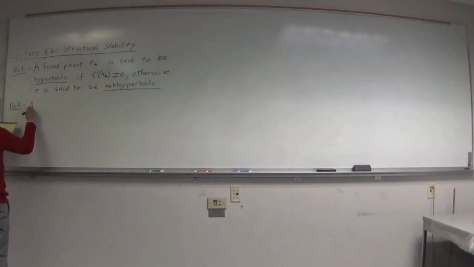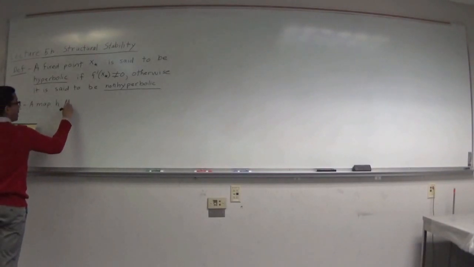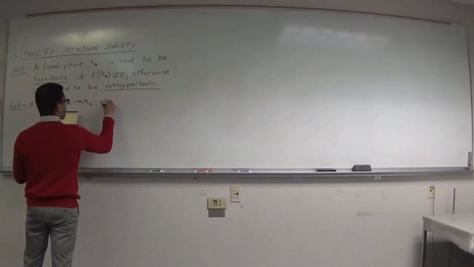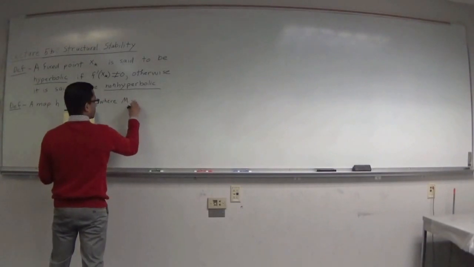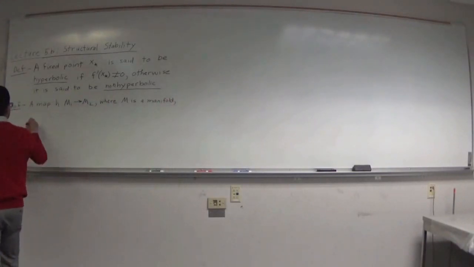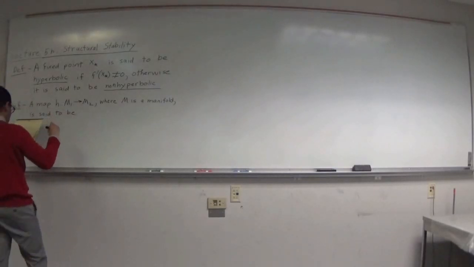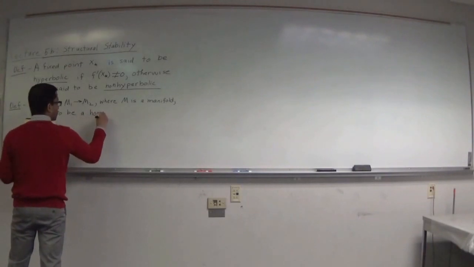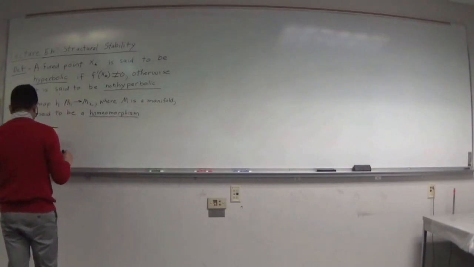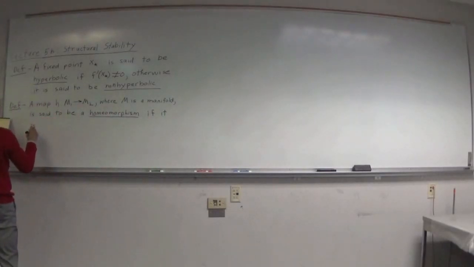So this is for homeomorphisms. A map H going from M1 to M2, where M is a manifold, is said to be a homeomorphism if it is bijective.